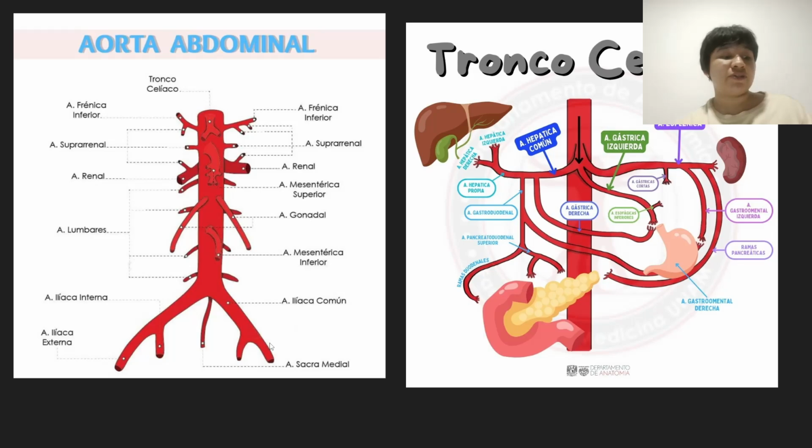From it arise vital branches such as the celiac trunk, which gives off the common hepatic, left gastric, and splenic arteries. Then the superior mesenteric artery and the inferior mesenteric artery. Other important branches are the renal and gonadal arteries.